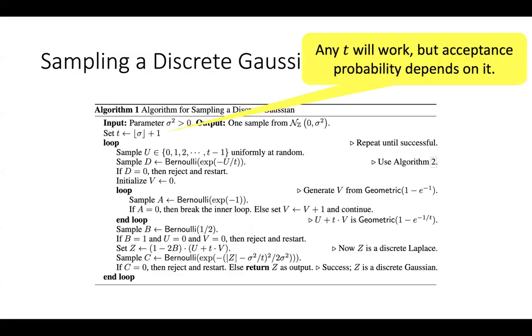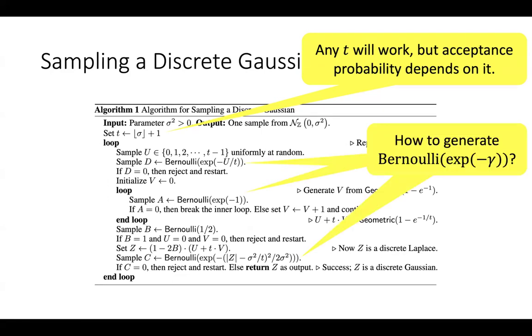Now, the parameter t is not super important. Any value will give you a correct algorithm. We have to choose a good value to make the algorithm efficient, though. But the thing that's maybe sticking out here is that I need to be able to sample a Bernoulli with expectation e to the minus gamma for some parameter gamma.